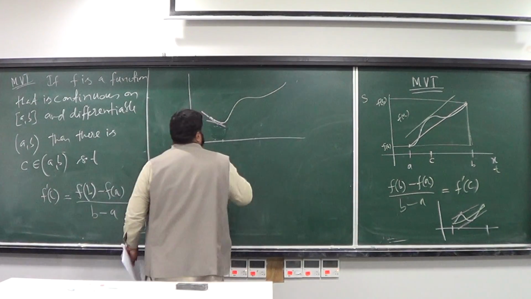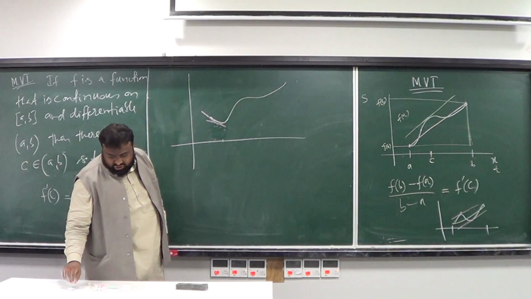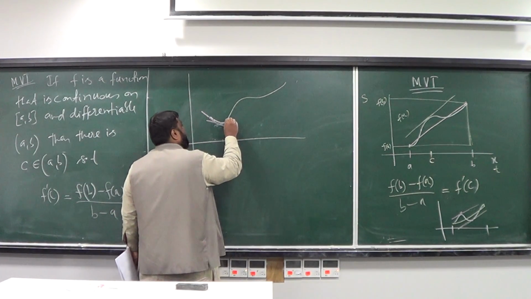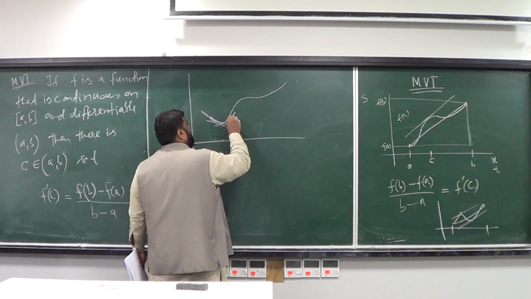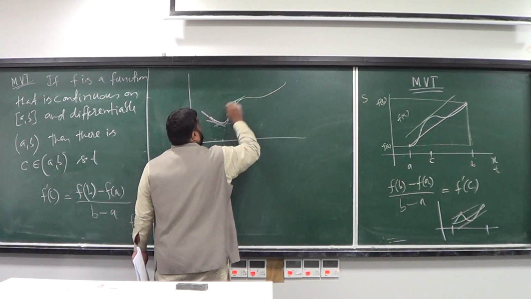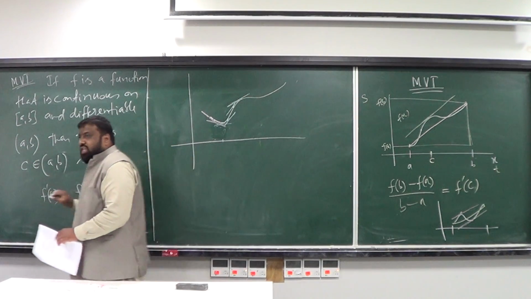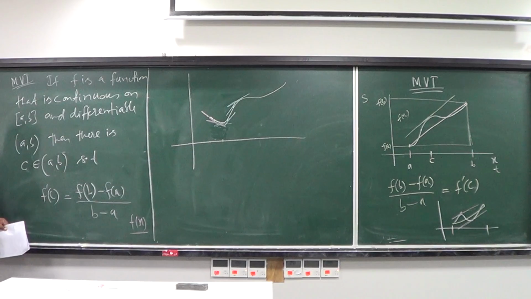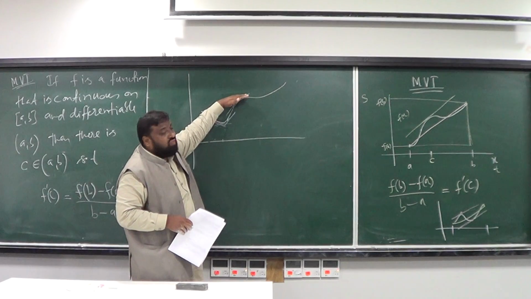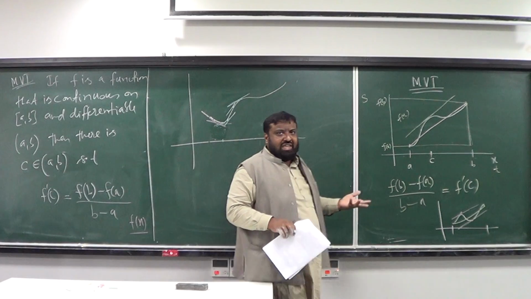And how about when the function is increasing? Here, this is a critical point where the function has stopped moving. And how about all these points? What is happening to the function at these points? When the function is increasing, what is happening to the slopes of the tangent lines? You will see that the slopes of the tangent lines are always positive, and the slopes are derivatives.